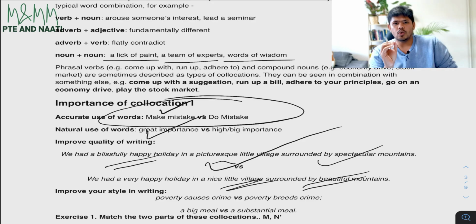That natural, good look is called picturesque, the view of any nature view, I would say. So, picturesque little village surrounded by spectacular mountains. All right. These are collocations. Picturesque little village, spectacular mountains, blissfully happy holiday. These are all collocations we need to learn.